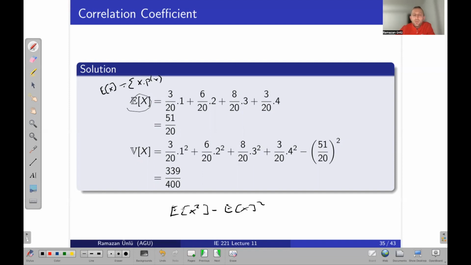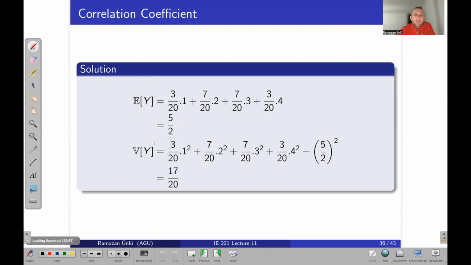The first value for x is 1 squared, plus 6/20 times 2 squared, etc. This part is the expected value of x squared, minus the expected value of x that I have just calculated, squared. So the result is 339/400. Okay, so I know the expected value of x and the variance of x.